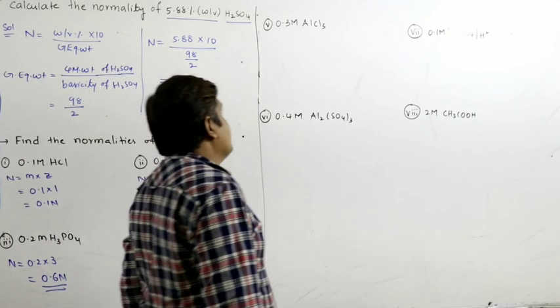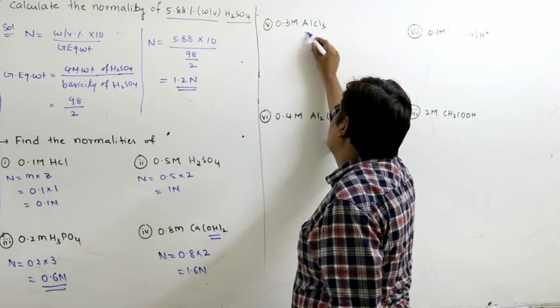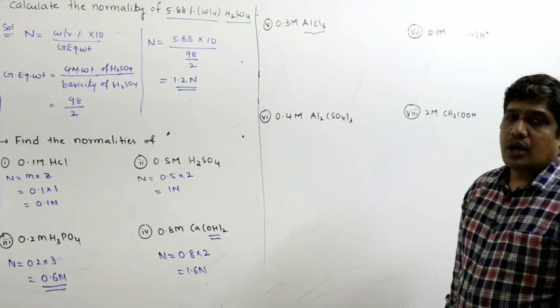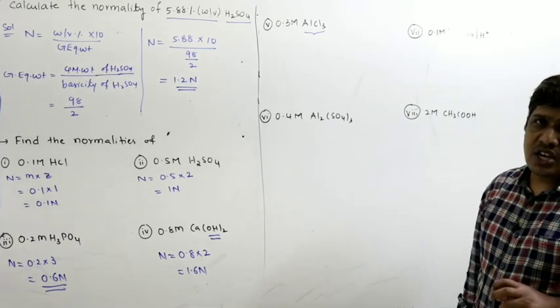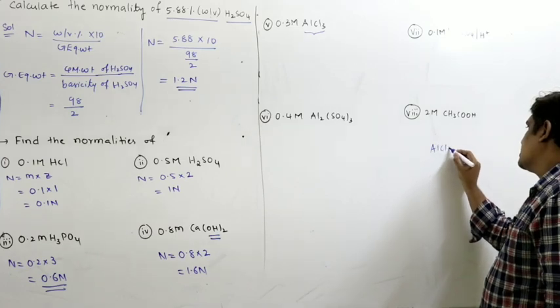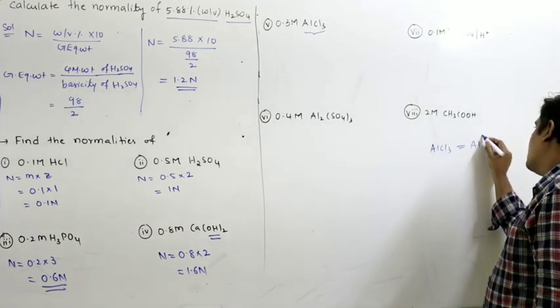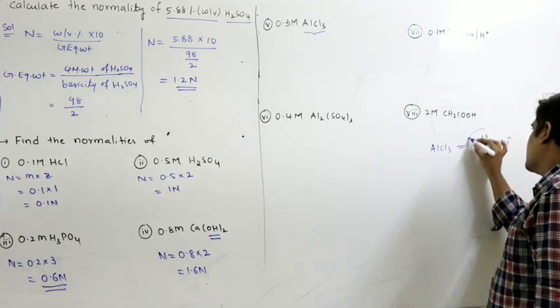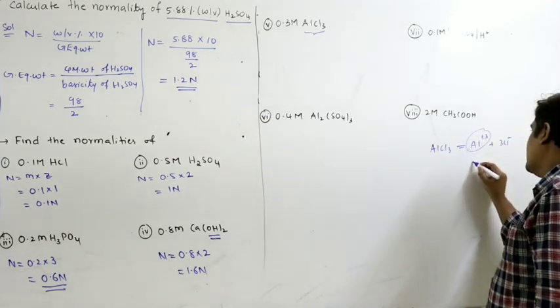Coming to the next one, AlCl3. This is a salt. Right. So, either you have to take total positive charge or total negative charge. How does AlCl3 dissociate? Al plus 3, 3Cl minus. So, what is the total positive charge? 1 into plus 3, 3.